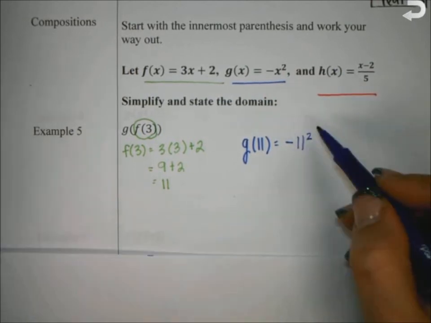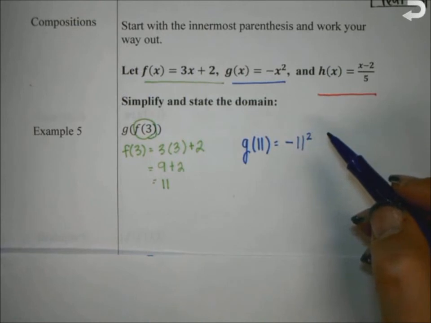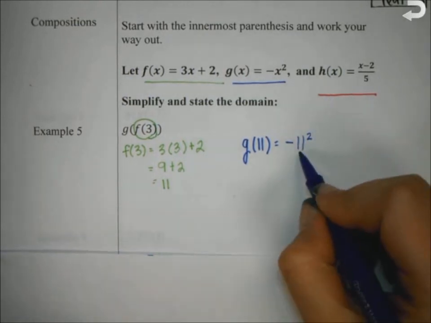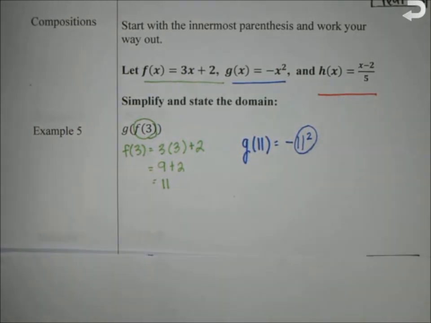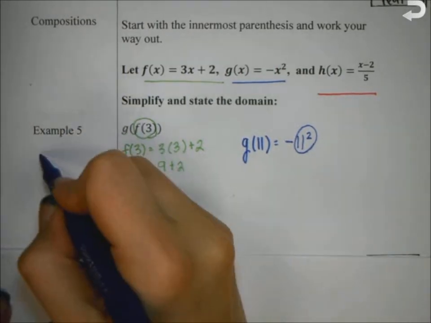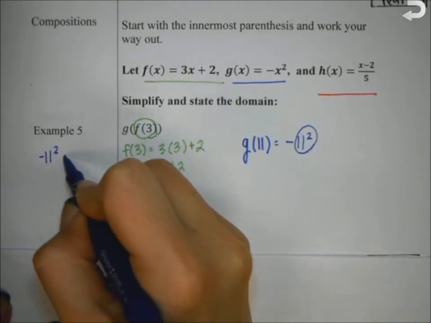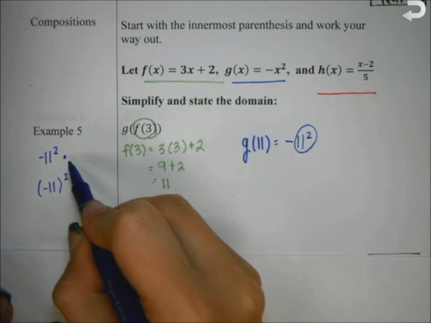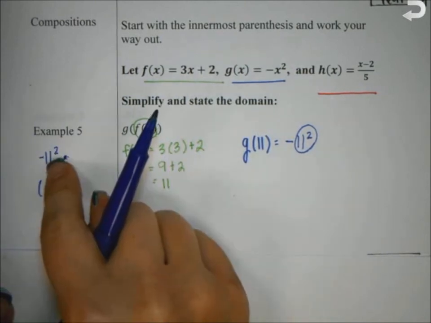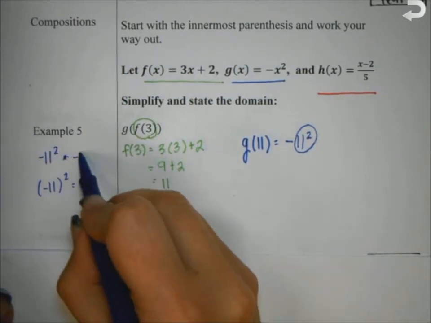This one gives me what? Negative 121. This one gives me positive 121. So what's my answer going to be here? Negative 121. Make sense?